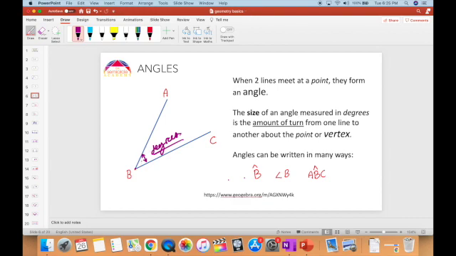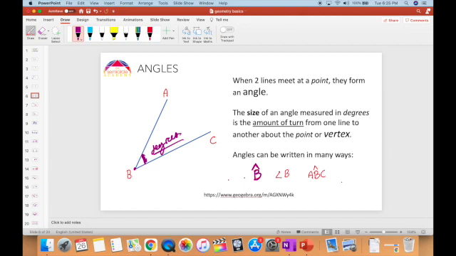The first way is this angle is the angle at the point B. One way to write an angle is to have B and then this sign on top there to show that it's the angle at the point B, right? Another way to say the angle at the point B is this one, right?